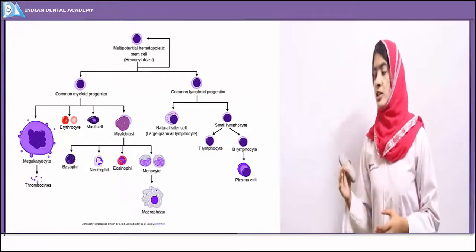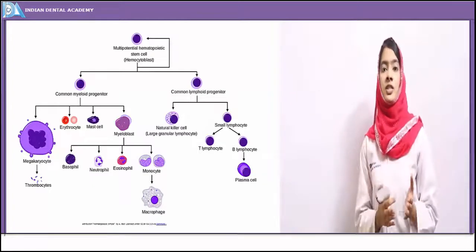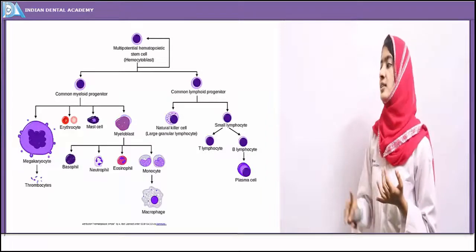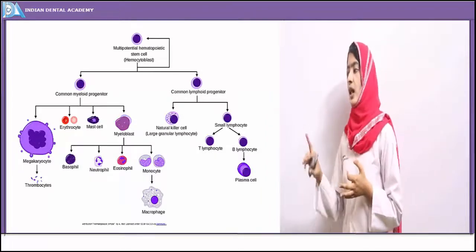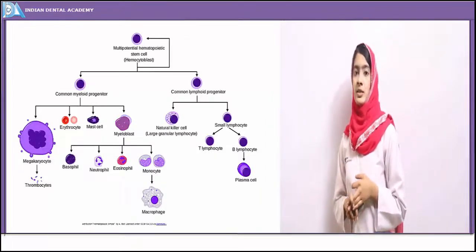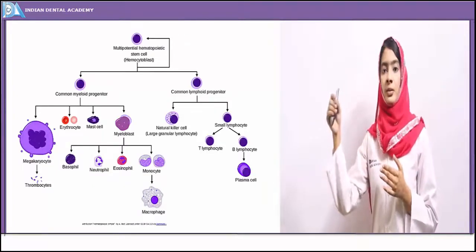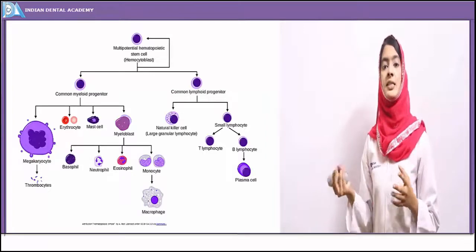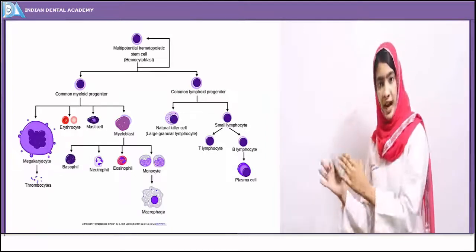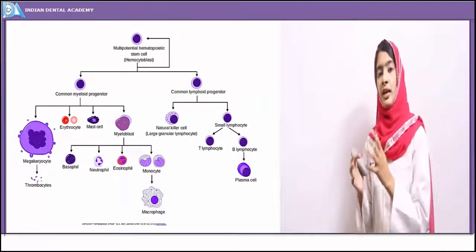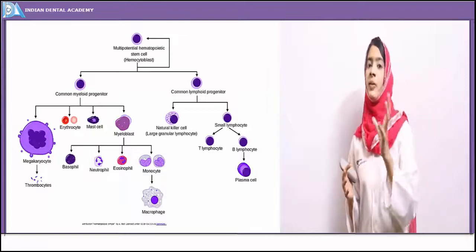So the myeloid progenitor is the one which differentiates into the red blood cells, WBC and the platelets. Any defect at any point of production of these blood cells leads to accumulation of that specific cell. That gives the picture of a disease.